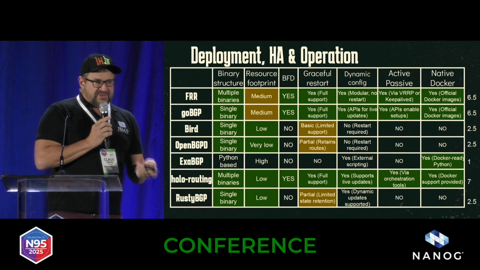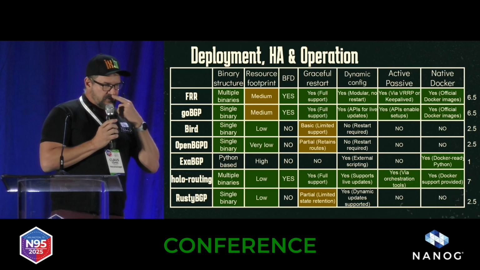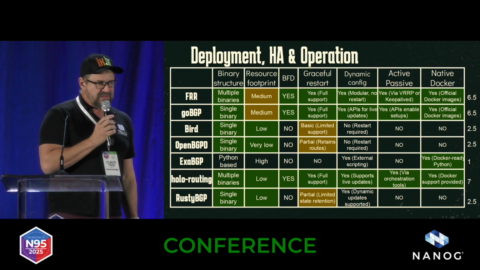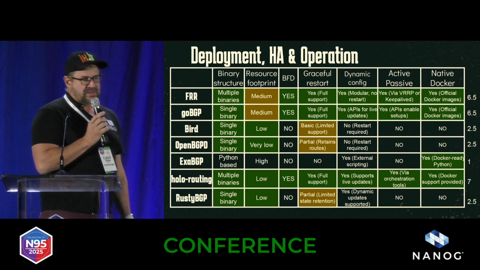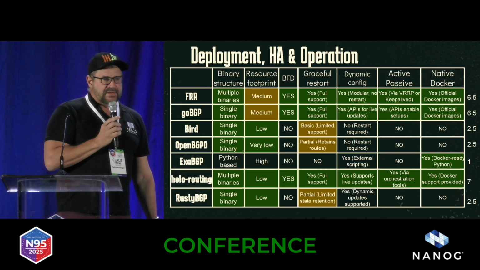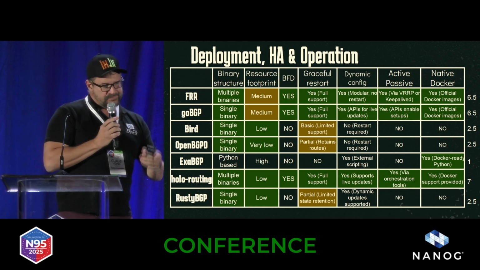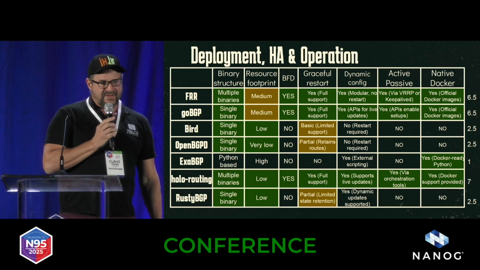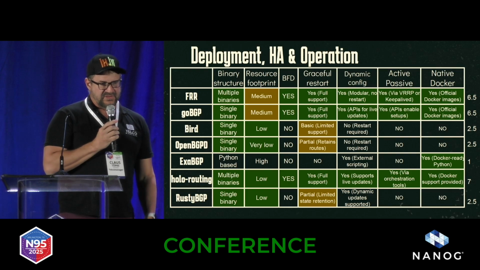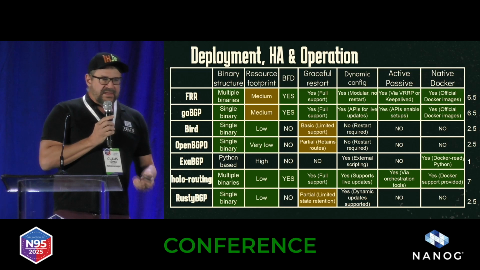Then I put some points here for the binary structure and the resource footprint. One that scores very high here is ExaBGP, but that's because of Python. And BFD is also wrong here: Bird has BFD, and I missed it, so I might have to search for BFD again. Graceful restart might not be correct either.